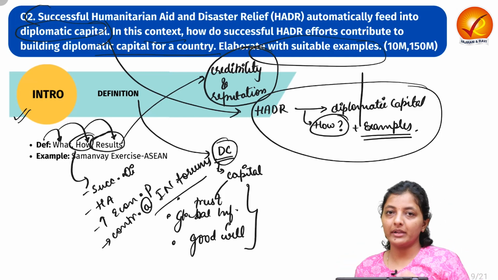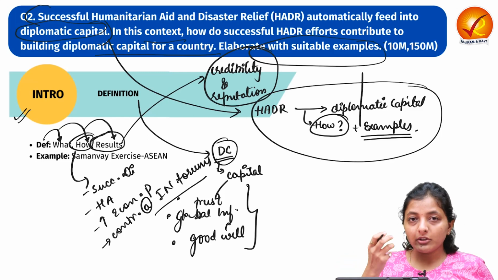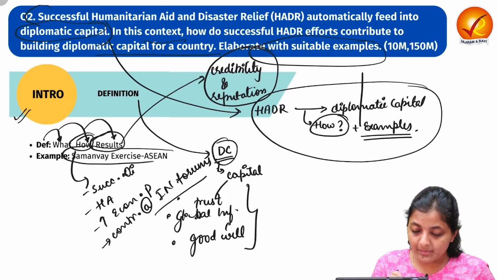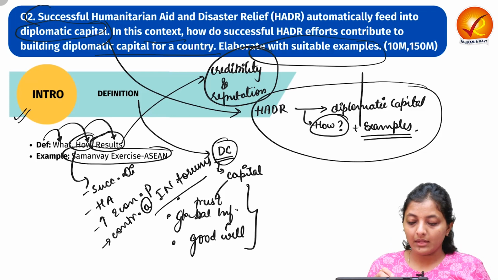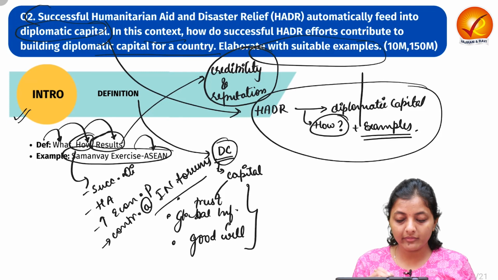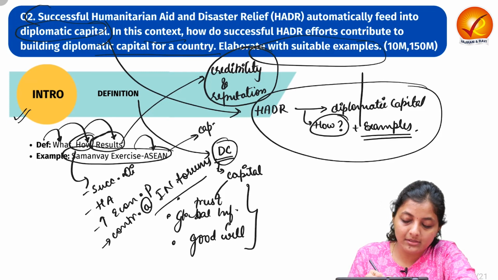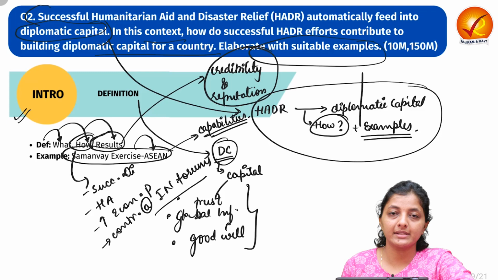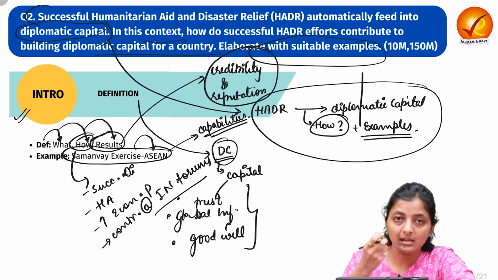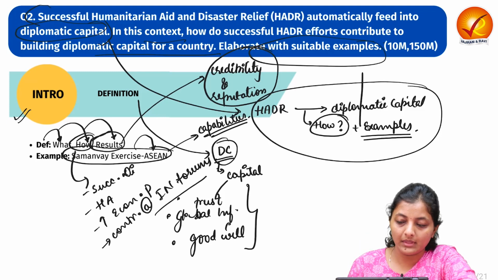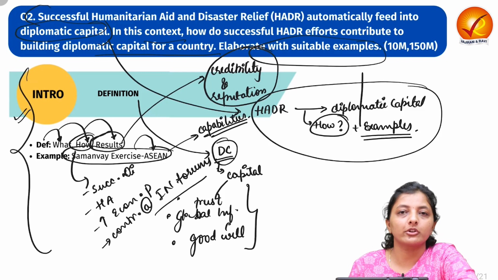So this is diplomatic capital. Or you can take the context that in recent times, the Samanvay exercise was conducted along with ASEAN countries to show the capabilities of both the regions, to showcase the defense capabilities or the disaster relief capabilities. So this way you can start the introduction.